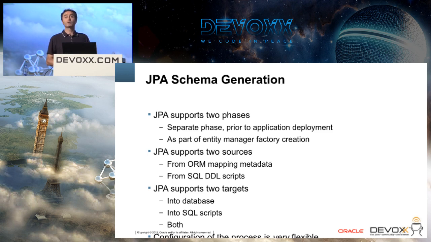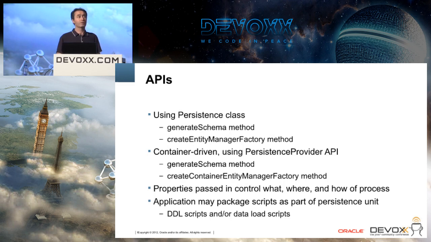And we're also going to support DDL scripts, so executing DDL scripts that you may have as part of your application. And there's 2 targets or 2.5 targets: the database, scripts, or both. You could generate into both. And this is very flexible, and you'll see there's a lot of configuration options here to allow you to control exactly how the schema generation is going to work.